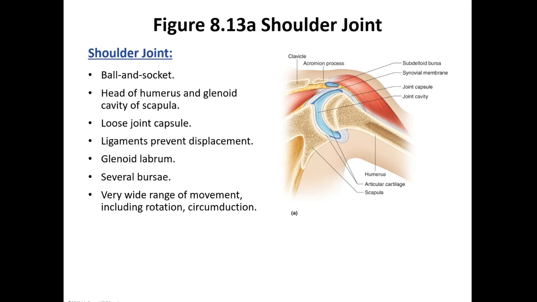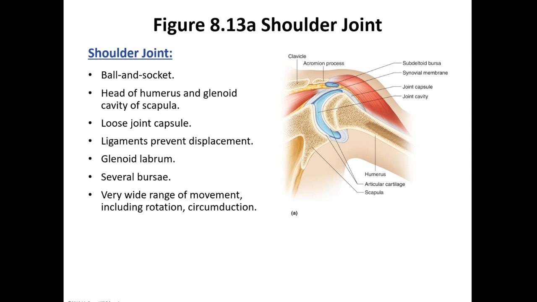So here's a slide showing us figure 8.13. It's reminding us again that the shoulder joint, just like the hip joint, is an example of a synovial joint called ball and socket. Since we're talking about the shoulder, the two bones involved here are our scapula and our humerus bone.